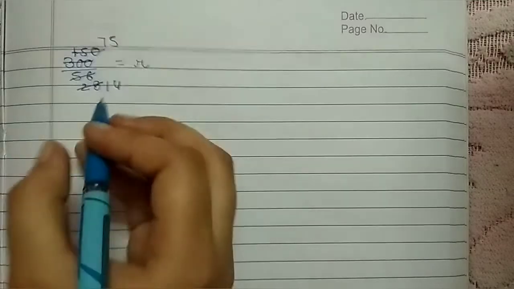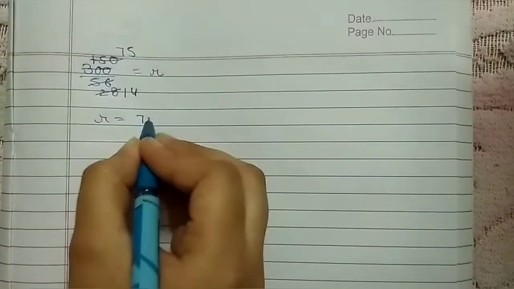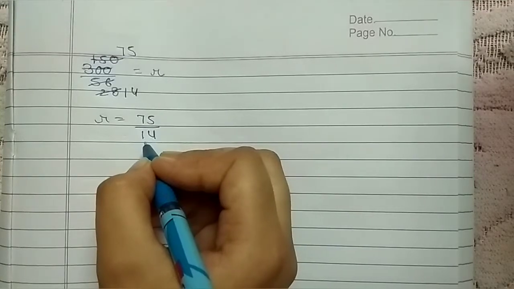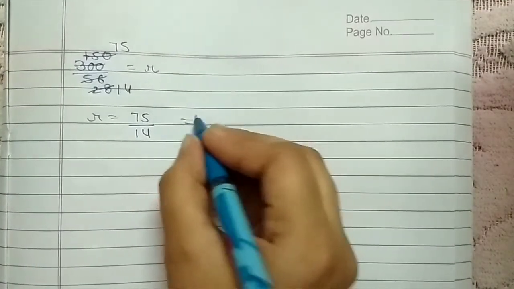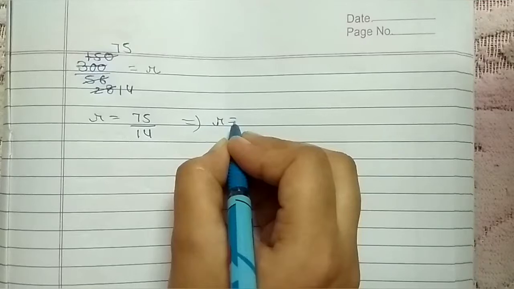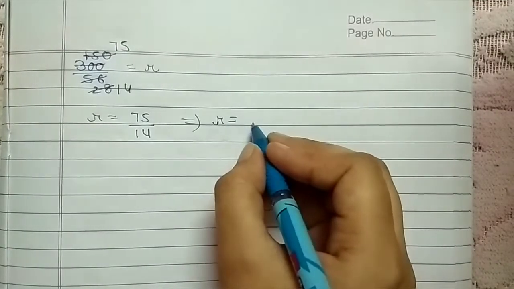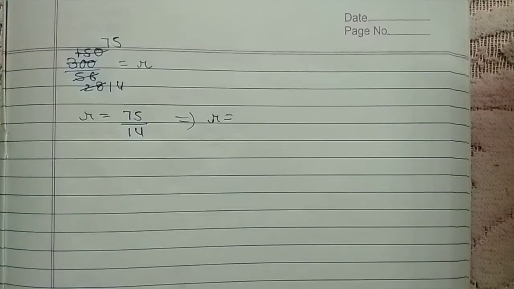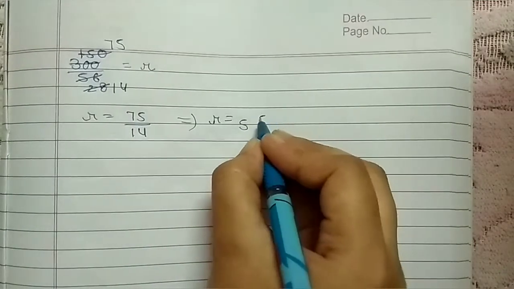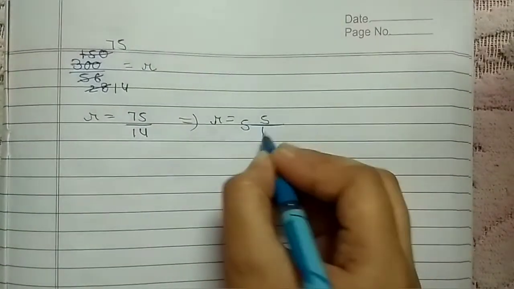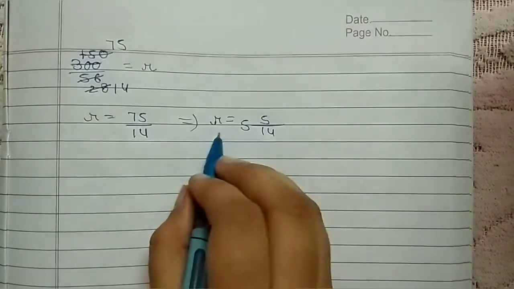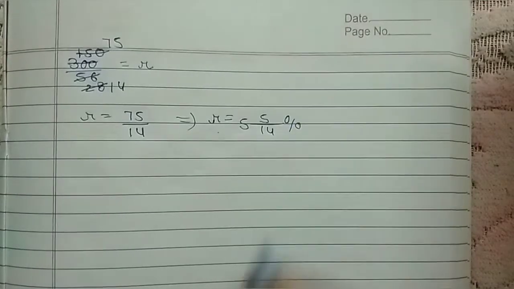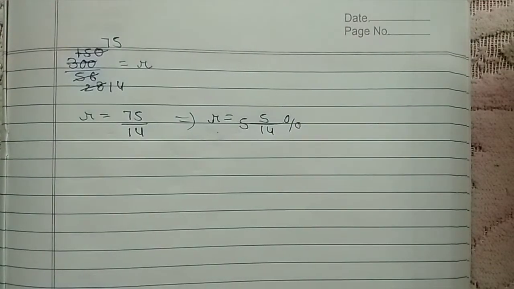So we get R equal to 75 upon 14. Now we will write it in mixed fraction. R equal to 14 5s are 70 plus 5, 75 upon 14. We will get R equal to 5 5 upon 14%. This will be our answer.